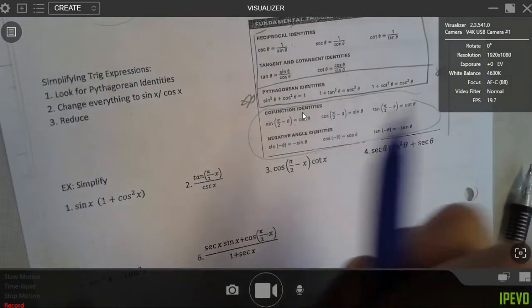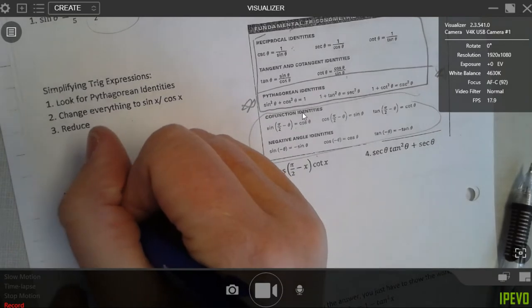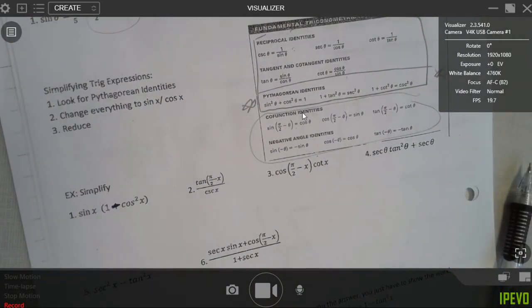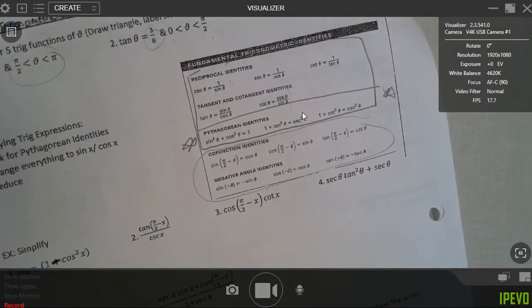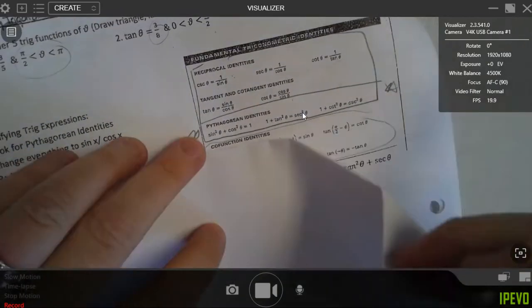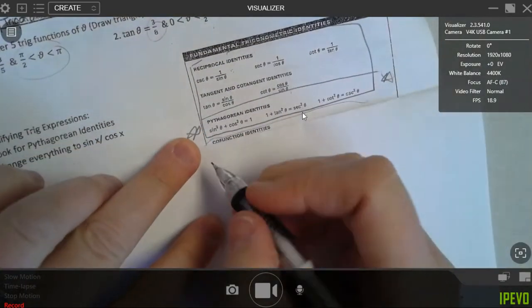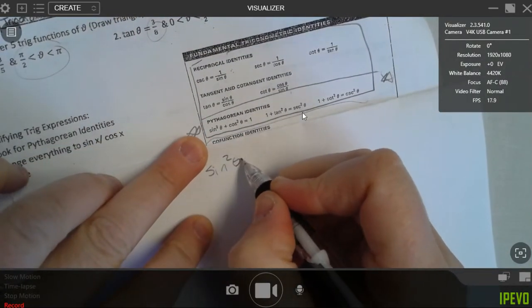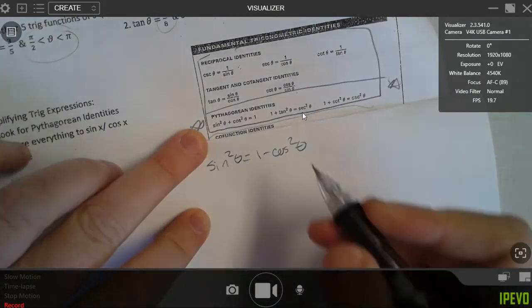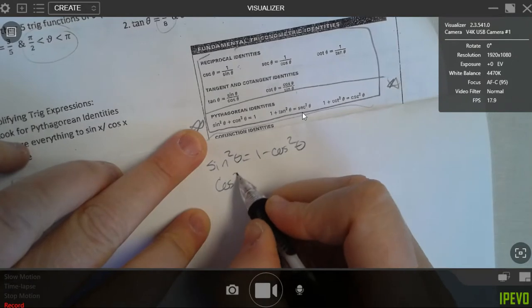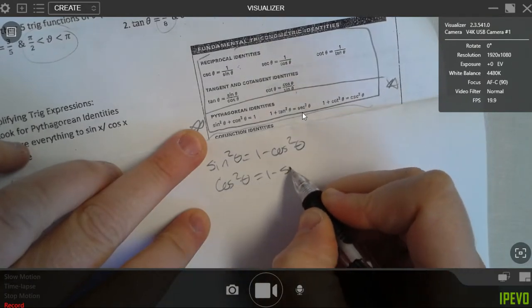And so we're going to go ahead and put that there. So what you can notice here is that if sine squared plus cosine squared equals 1 is a true statement, then also sine squared of theta would have to equal 1 minus cosine squared of theta. And I could say cosine squared of theta equals 1 minus sine squared of theta.